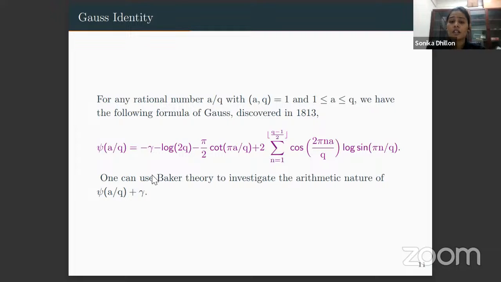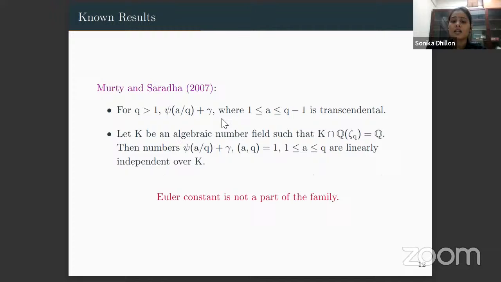But if you take a log linear combination of some alpha i's, where the alpha i's are positive, and a pi term is also in the picture, then this sum will always be non-zero, and by Baker's theorem it has to be transcendental. So one can use that application to directly say these numbers are transcendental, but here he has given a different proof.